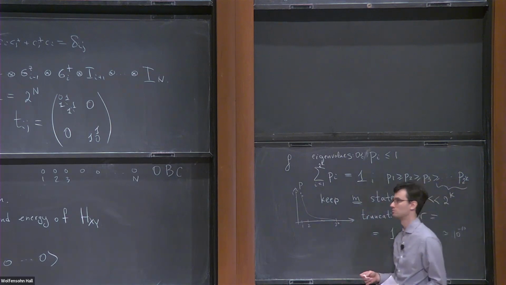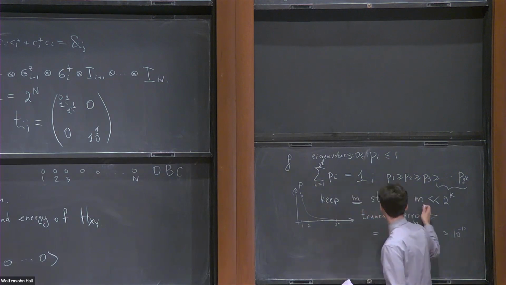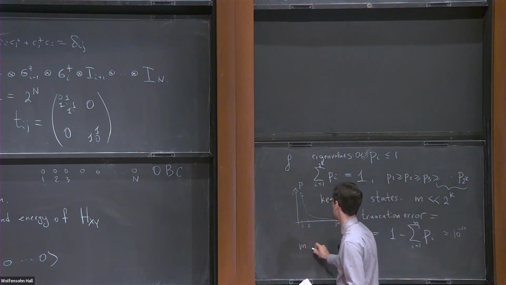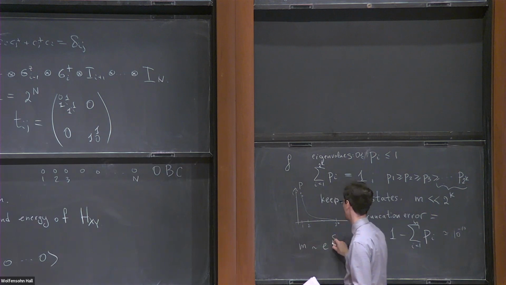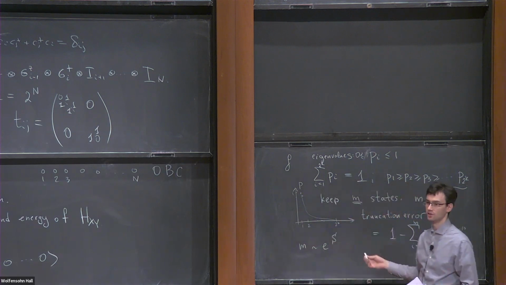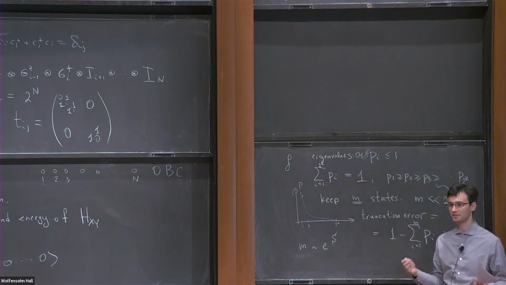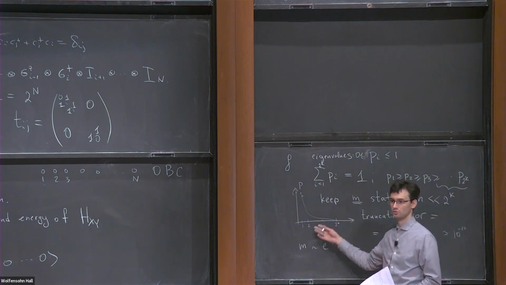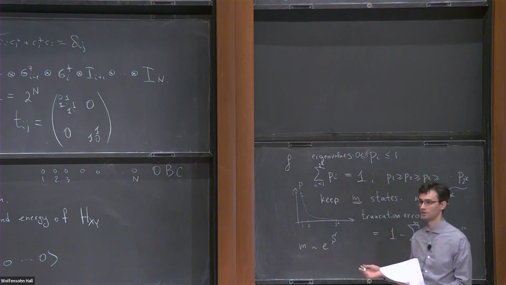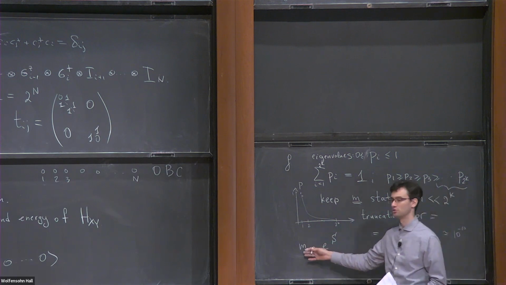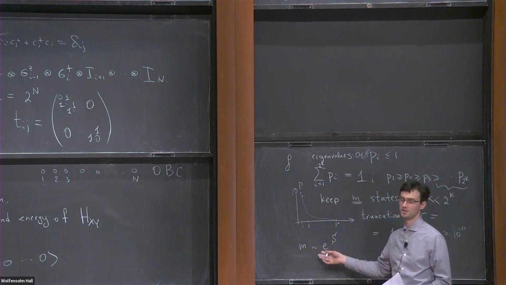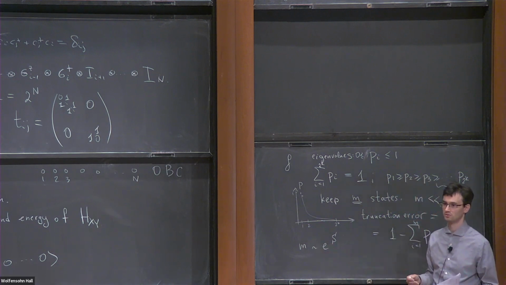The number of states we usually have to keep is proportional to e to the entanglement entropy between the left and right blocks. So if your system is highly entangled, if your left block is very entangled with the right block, then you have to keep a very large number of states, and the whole method may not really work.